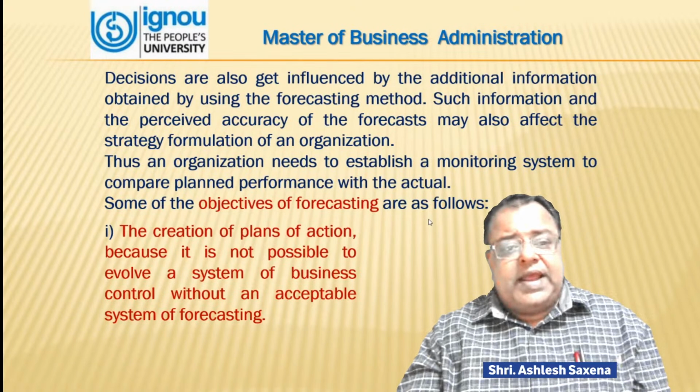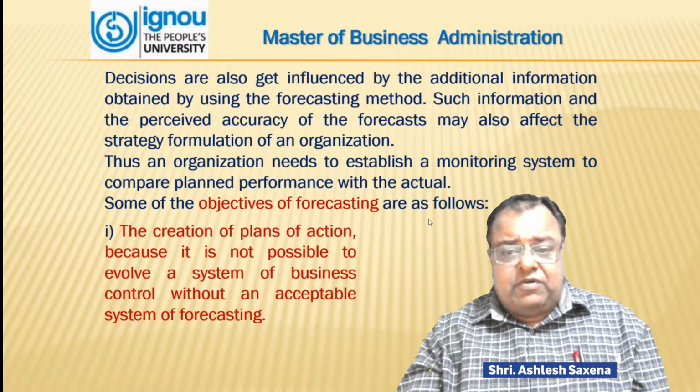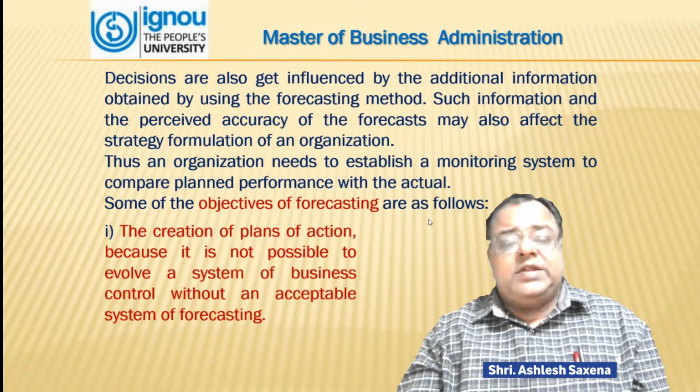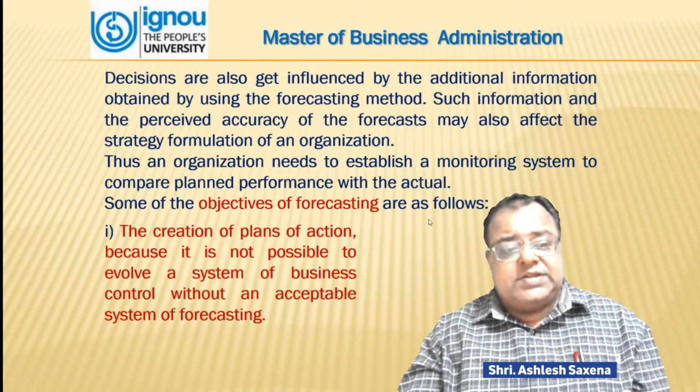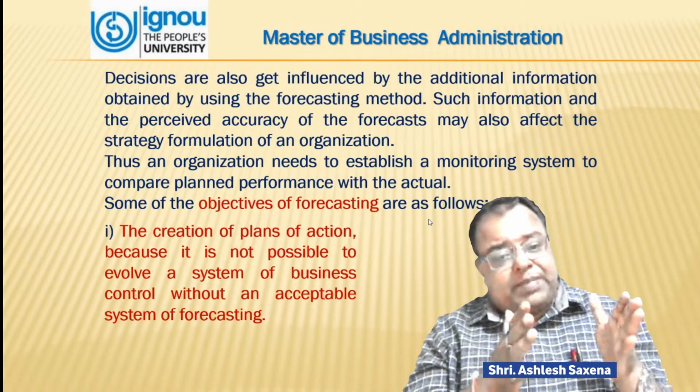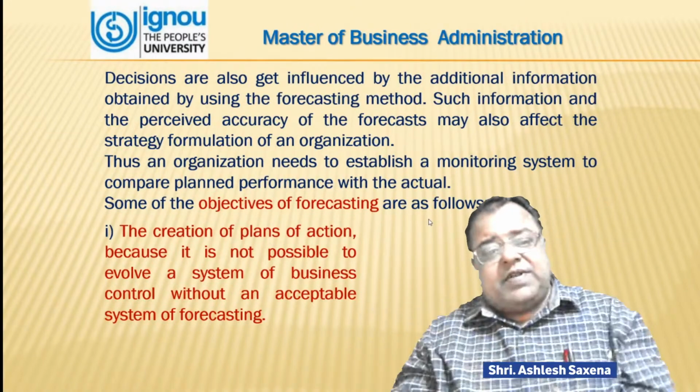Such information and the perceived accuracy of the forecast may also affect the strategy formulation of an organization. Thus, an organization needs to establish a monitoring system to compare performance of the plan with the actual one.